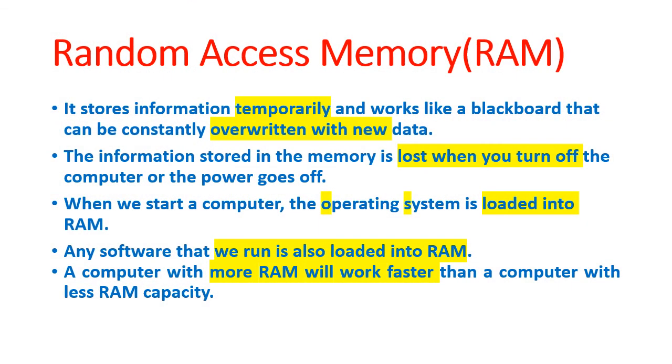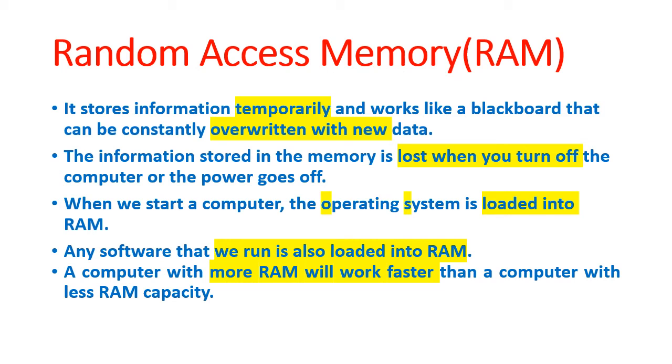We are going to study random access memory. It works like a blackboard where you can constantly overwrite the content with new data. RAM is considered a temporary storage area. When the power goes off, the content of this memory will be lost. In short, it can be called volatile memory.